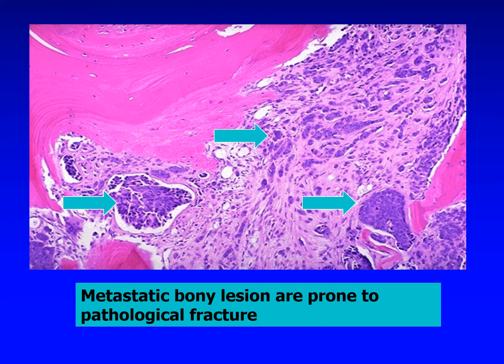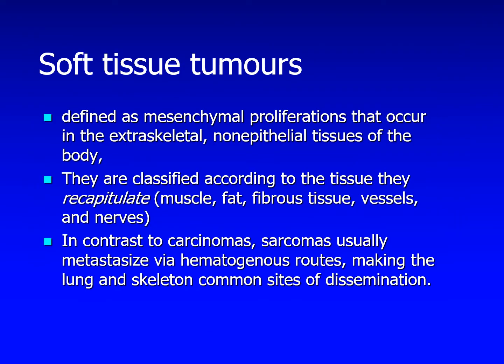Metastatic bony lesions are prone to pathological fracture. You can see the tumor is destroying the normal bone, so the bone will be weaker than the normal bone.